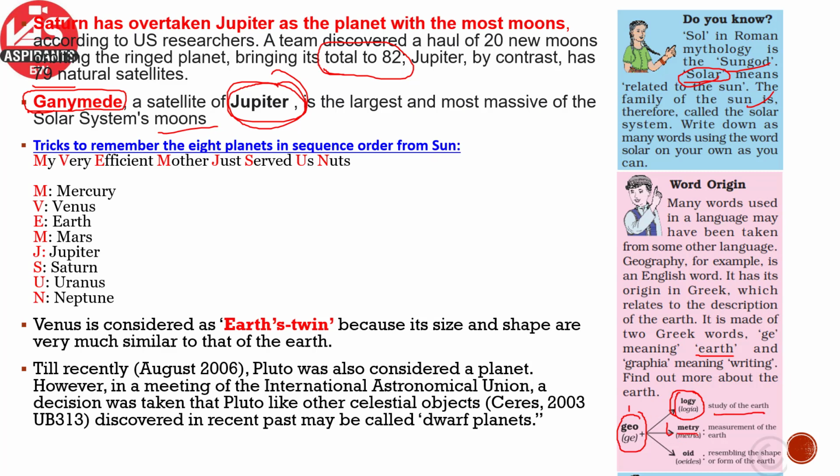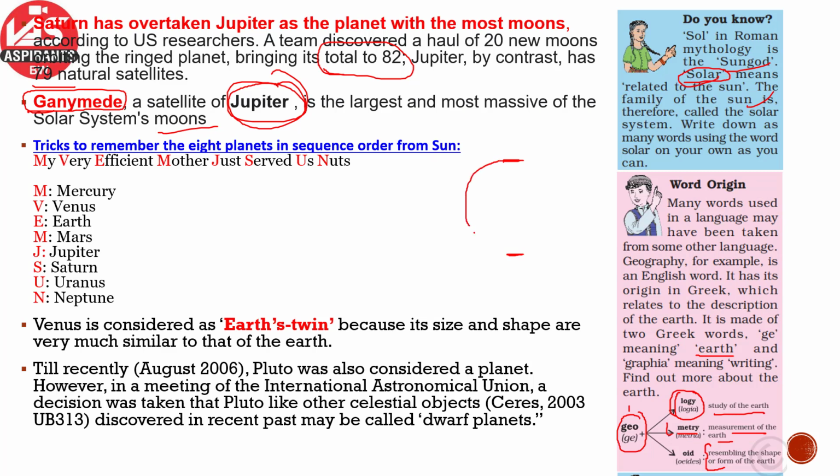If you attach metry, geometry is the measurement of earth. Metry is measurement, right? Then if we add oid at the end, it means something which resembles the shape or the form of the earth. So geoid is nothing but the shape of the earth, and we know the shape of the earth is flattened at the poles, right?